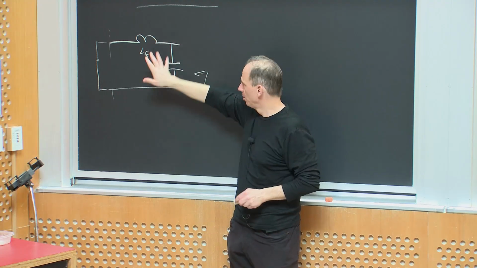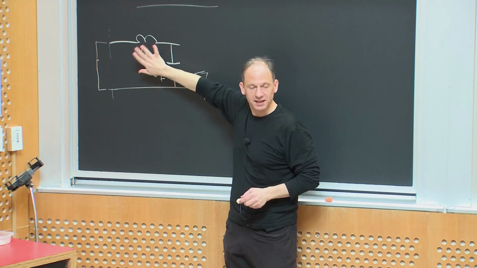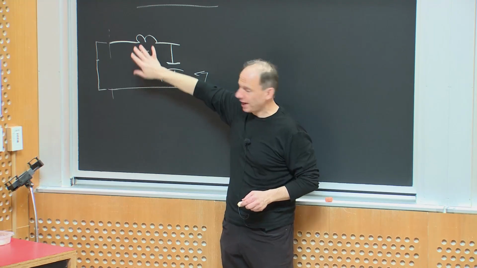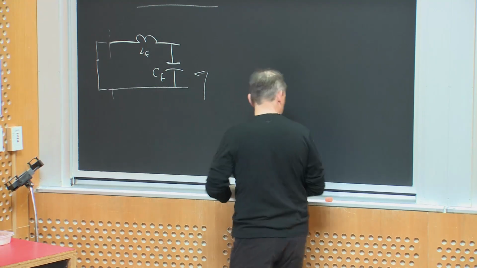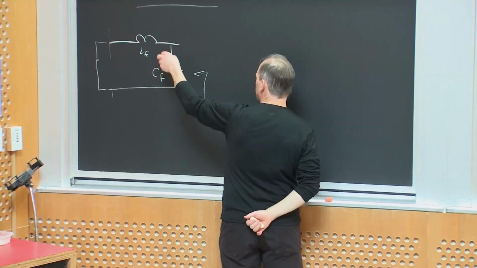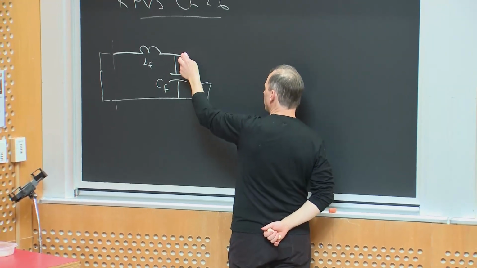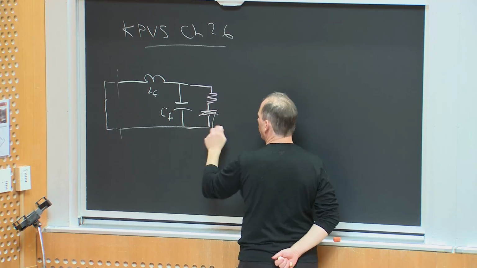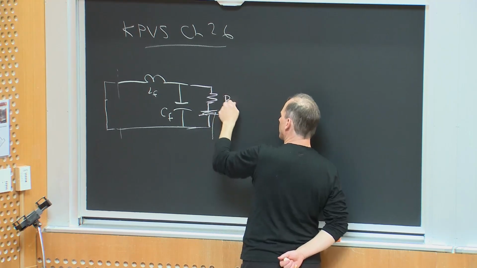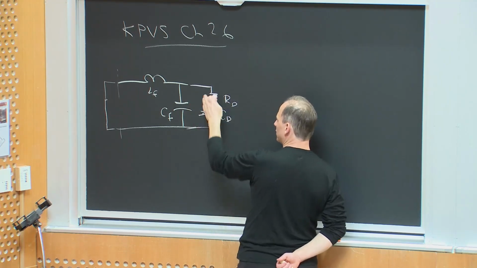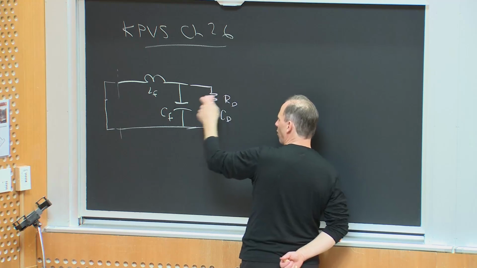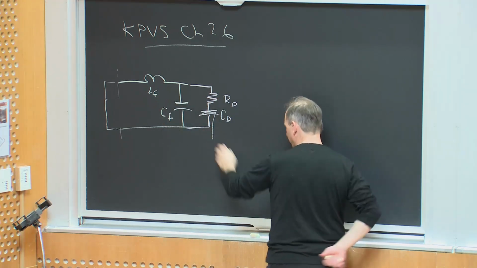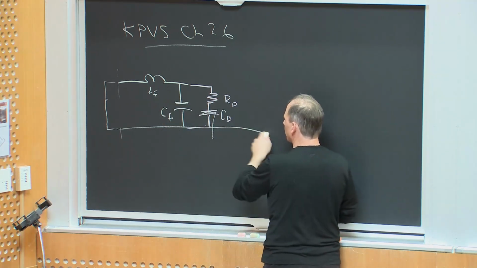And we said both this very lightly damped system and the output impedance can be modified by adding a damping leg of one kind or another. So maybe I take an additional C damp and R damp so that at the cutoff, C damp is a short circuit or close to it, so R damp is in parallel with LF and CF, and I reduce the output impedance of the filter.